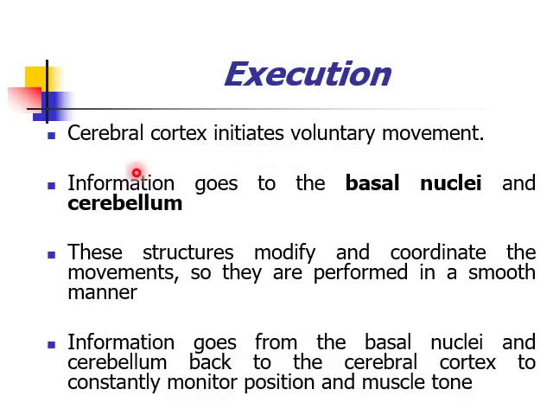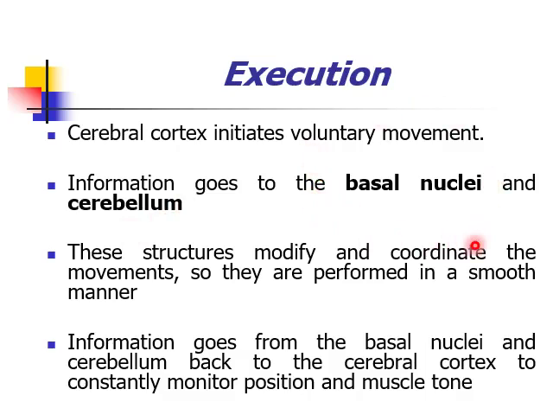These motor signals pass through two other brain parts, the basal ganglia and the cerebellum. The basal ganglia and the cerebellum are responsible for modifying the initial, crude, clumsy signal.